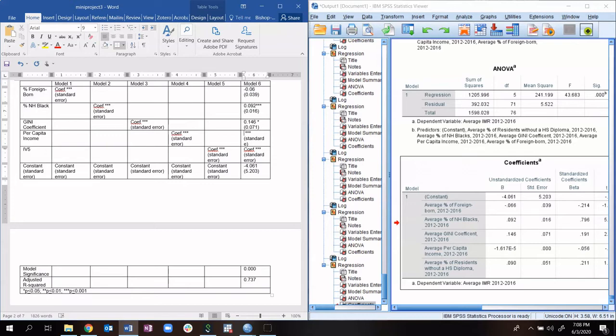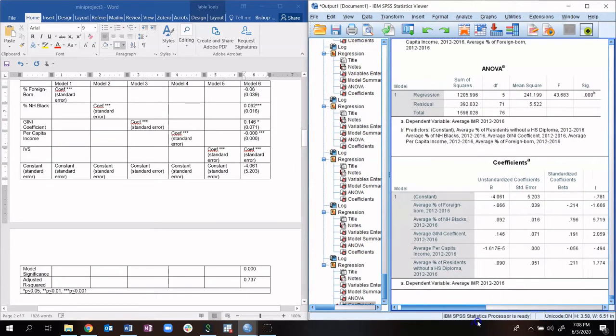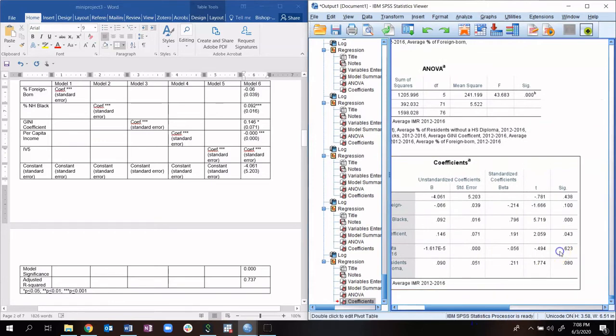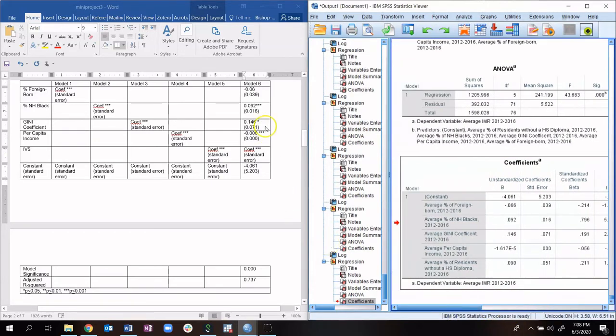Since I'm carrying it only to 3 decimal places, 0.1617 would be behind 5 zeros, because that's how scientific notation works. This standard error is going to be zeros. And if I remember correctly, per capita income is not significant in this full model. It goes out to 0.623. So we've got to make sure all the stars come off of it.